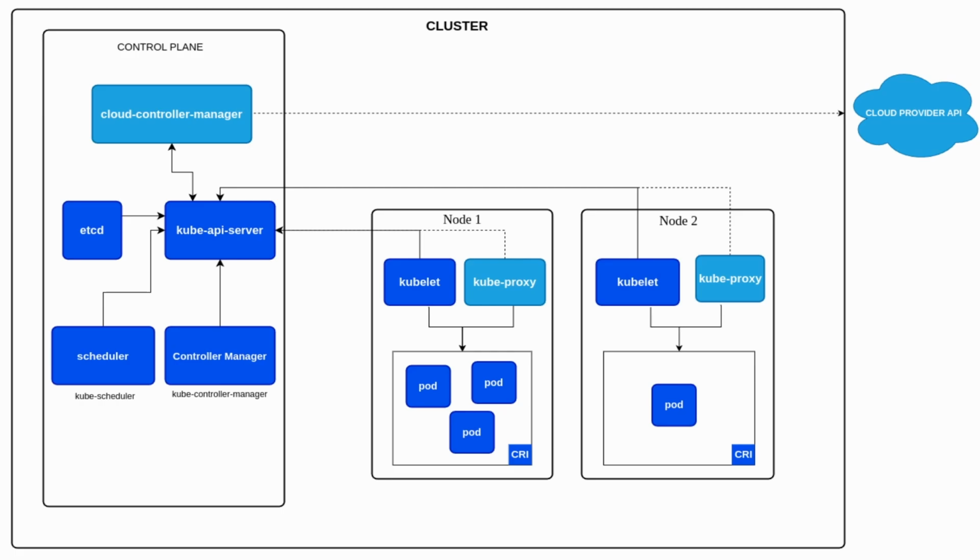Not only the Kube API server, but other components such as etcd. If the etcd database goes down, then your cluster state goes down, and then it's a mess. So there are a couple of components in Kubernetes that you need to keep under your eye to guarantee high availability and fault tolerance.